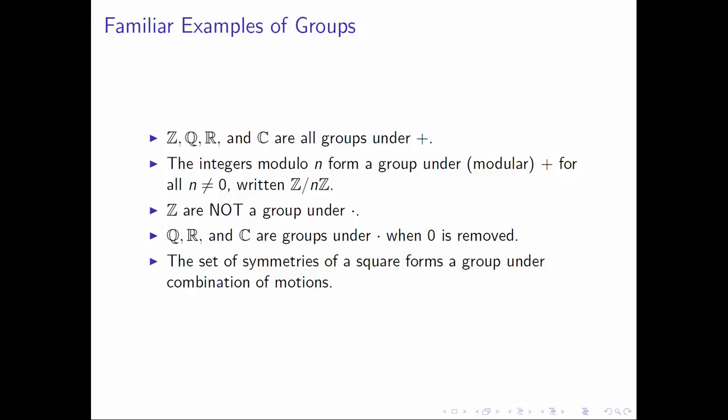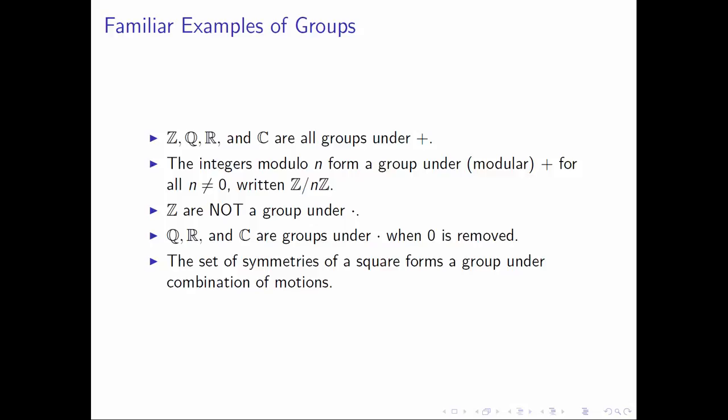The fact that you could find what I was calling R sub 0, which is don't do anything to the square, a very silly symmetry of the square, but a symmetry nonetheless, that's going to be your identity. If you first don't do anything to the square and then do another motion, that's the same as just doing that motion. And the fact that you see that entry, R sub 0, appear in every row and column inside your Cayley table is enough to tell you that every motion of the square has an inverse.